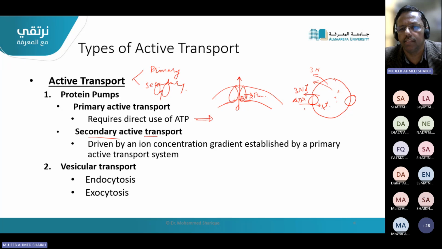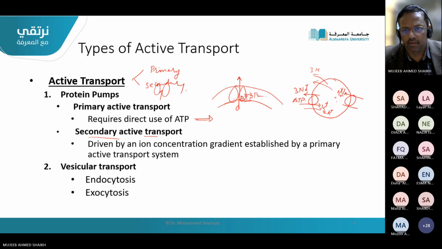You are receiving only 2 potassium ions into the cell, whereas you are throwing 3 sodium out. Because of this difference, another channel on the opposite side will cause movement of sodium inside the cell because of this gradient. If you stop this, there will be no movement of sodium on the opposite side. This is called secondary active transport.